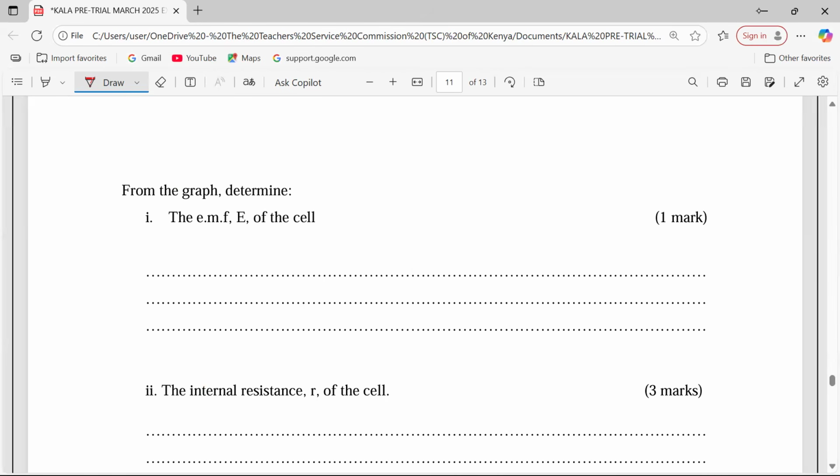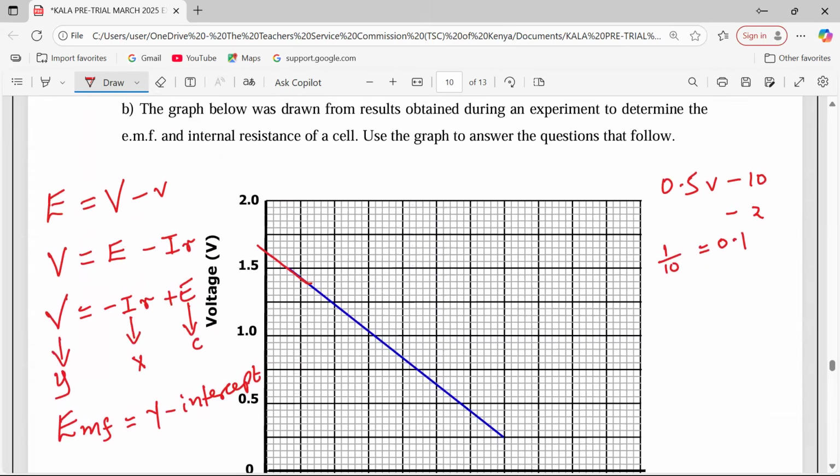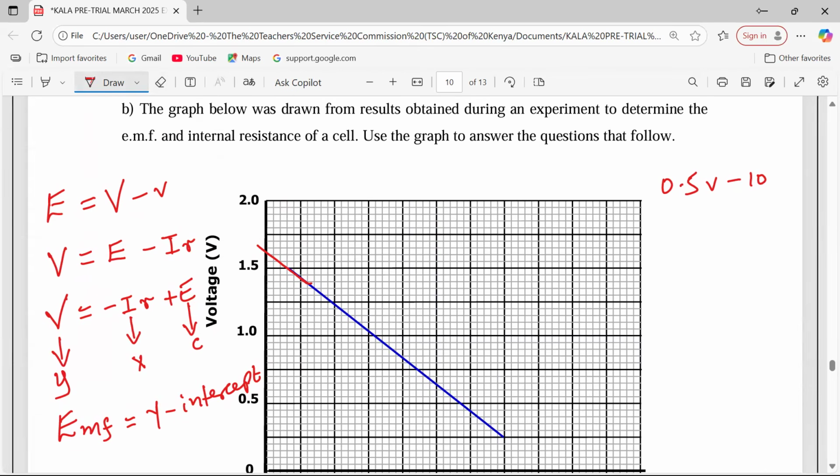So the EMF, which is the y-intercept, equals 1.51 volts. In the interpretation of the scale, I want us to look at it carefully. We can say this: 0.5 volts from 1.5 to 2.0 is represented by 10 units. What about 1 unit?